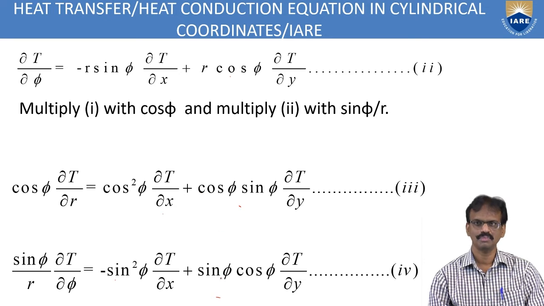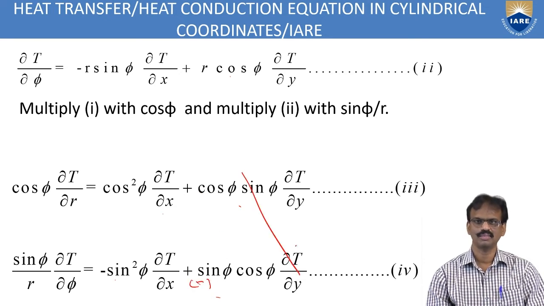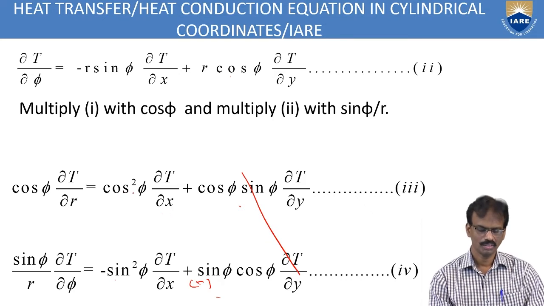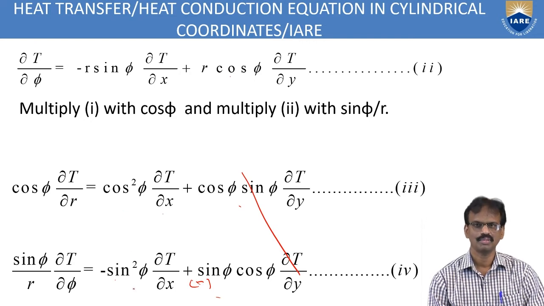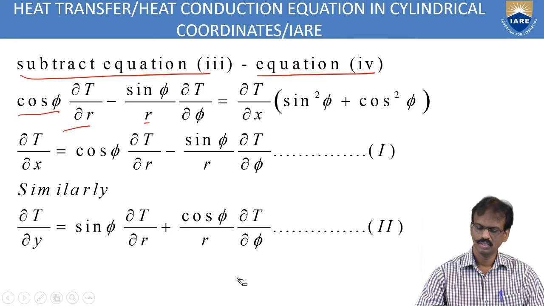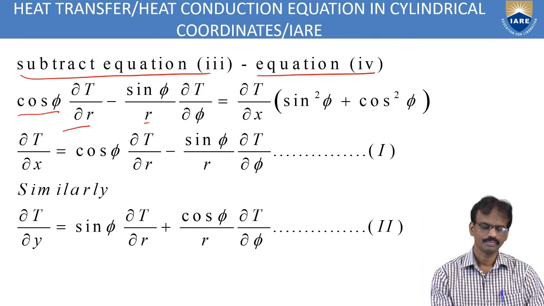The plus same term and minus same term will be cancelled. Here ∂T/∂x is the common term, then cos square phi plus sin square phi. You know that cos square phi plus sin square phi is equal to 1.